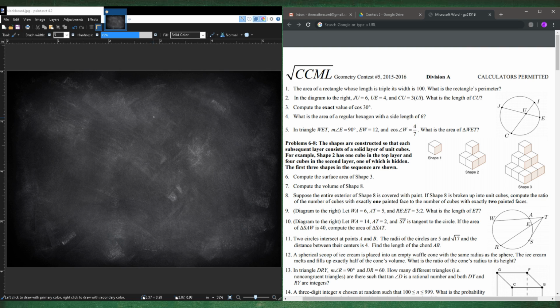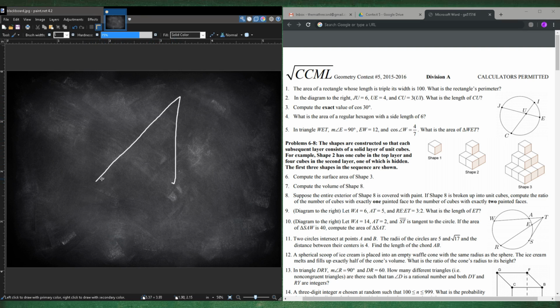Okay, question 5. In triangle WET, angle E is 90. So you have a right triangle, and you have E, so WET. EW is 12, and cosine of W is 4 over 7.